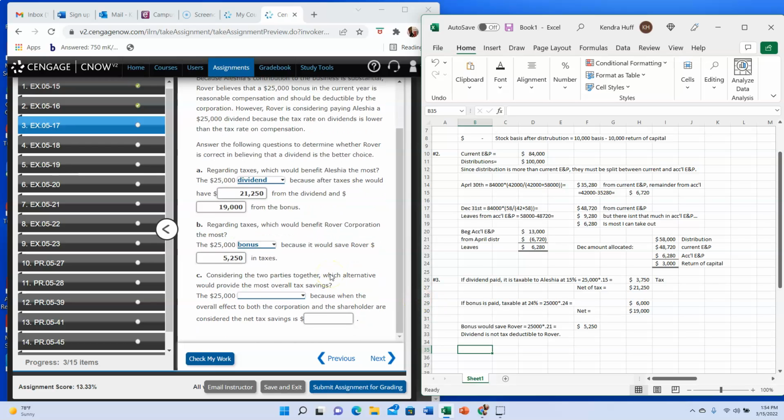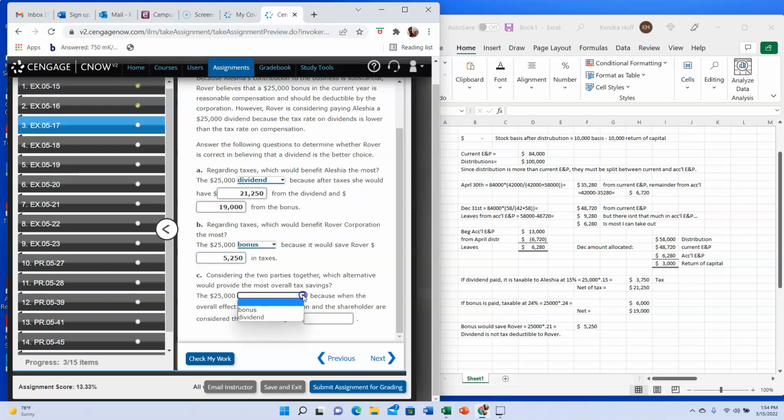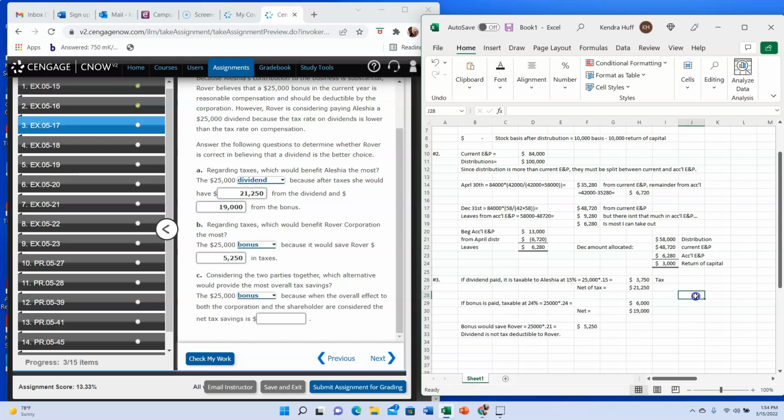All right, considering the two parties together, which alternative would provide the most overall savings? The $25,000 bonus. Okay, let's see. Savings between this minus this.